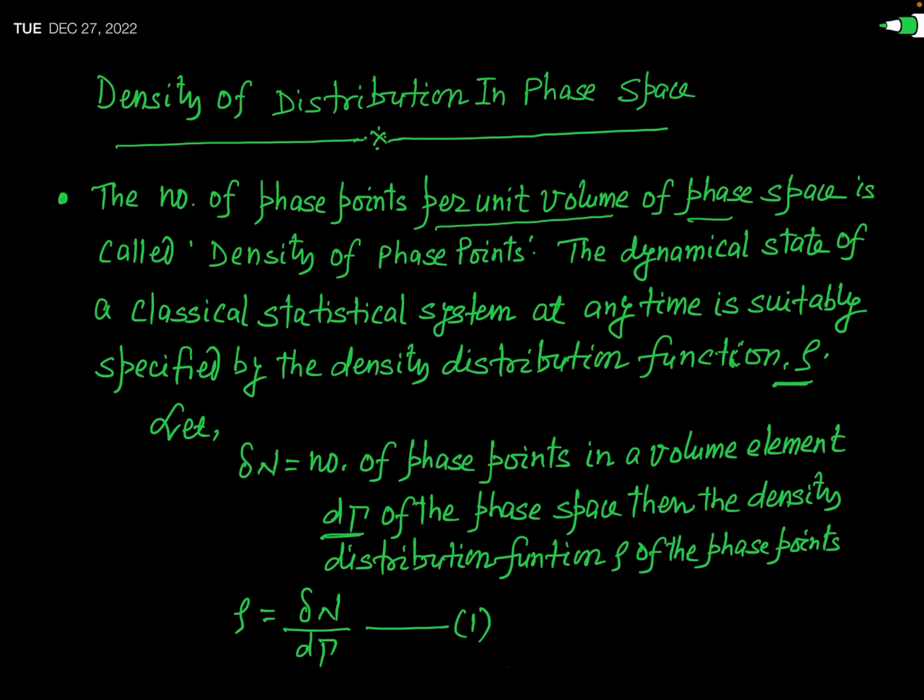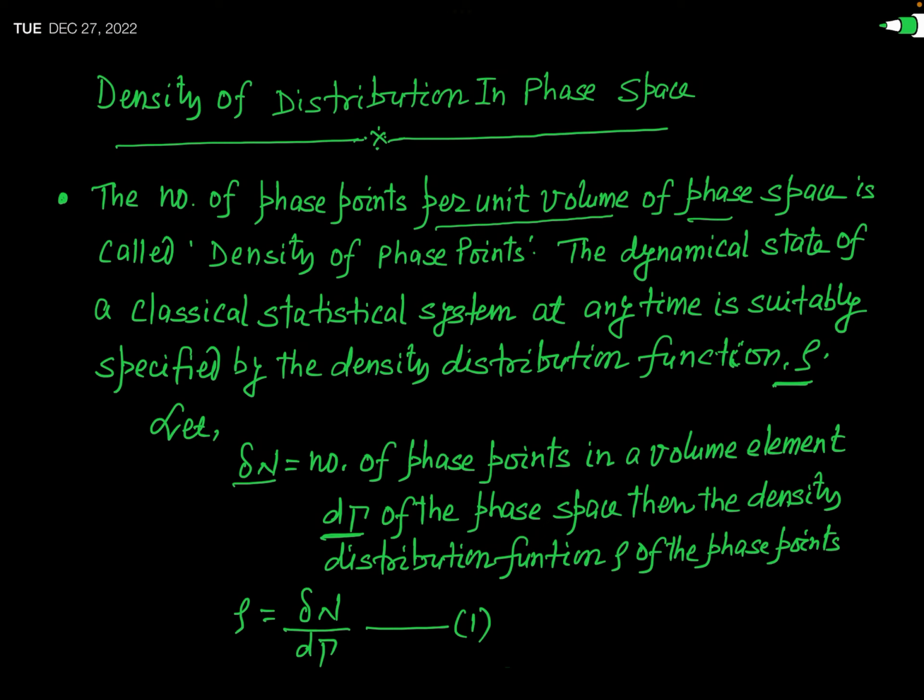Actually, this volume lies between the position coordinates qk and qk plus dqk and momentum coordinates pk and pk plus dpk. And in this hypervolume d gamma, let us consider that the number of phase points is delta n. So this delta n is the number of phase points in a volume element d gamma of the phase space.